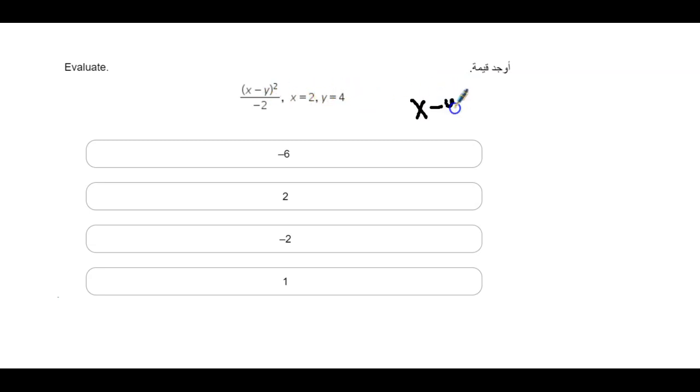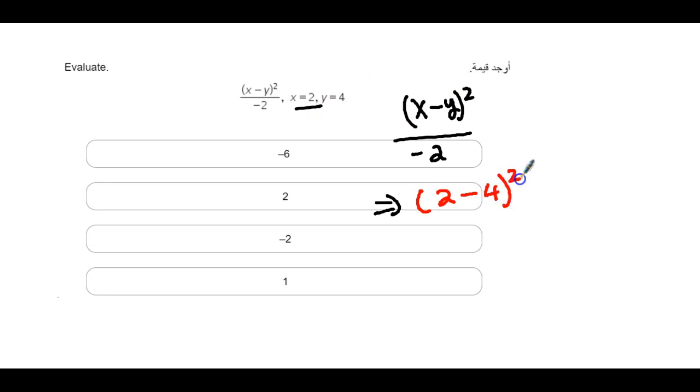So here, x minus y all squared over -2. As we are plugging in, x is 2, so here is going to be 2 minus 4, squared, over negative 2. When we do that, we get negative 2 squared over negative 2.